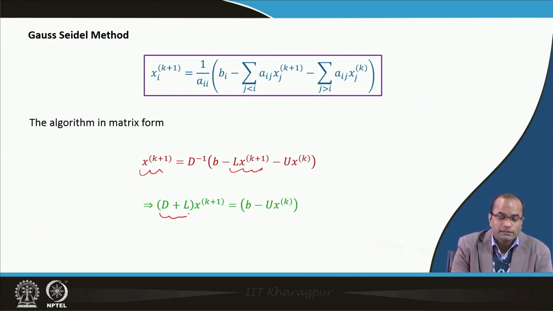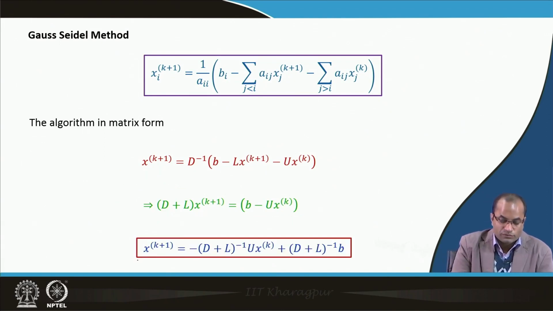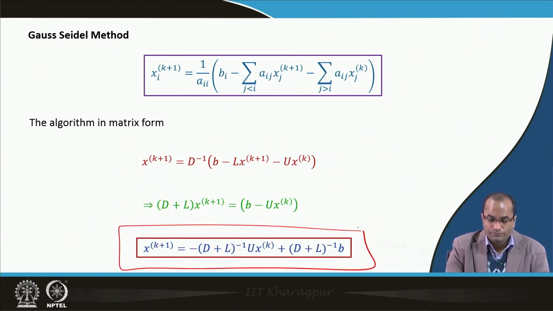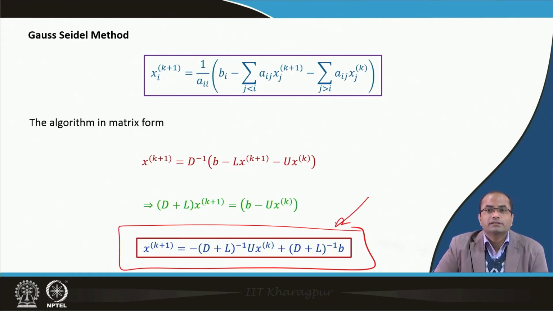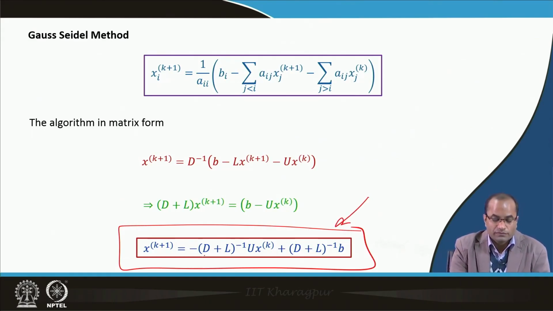So, we have D plus L. First we will multiply by D there. So, we have D x plus L x equal to this one, and then we can invert it. Finally, in matrix form we have this algorithm that x^(k+1) is equal to minus (D plus L) inverse, the upper triangular matrix U, x^k, and (D plus L) inverse b.